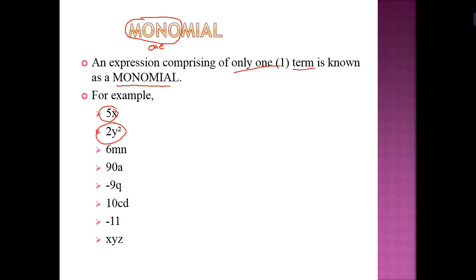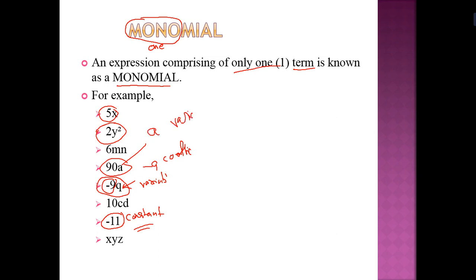So these are all monomial terms. It can be a constant also. We can say a constant term, it is only constant, no variable is there, but it is also a monomial. Here negative 9 is there, so we can use it as a monomial. Minus 9 is actually a coefficient, and q is a variable. Same thing when 90a is there, then a is the variable and 90 is the coefficient.